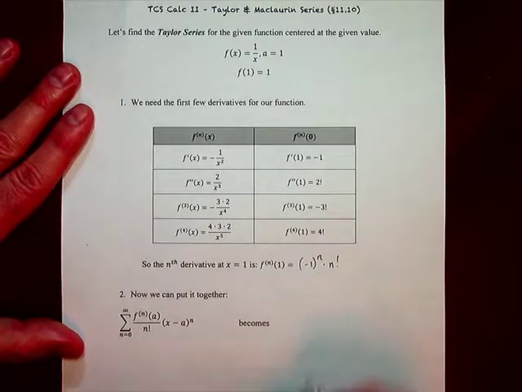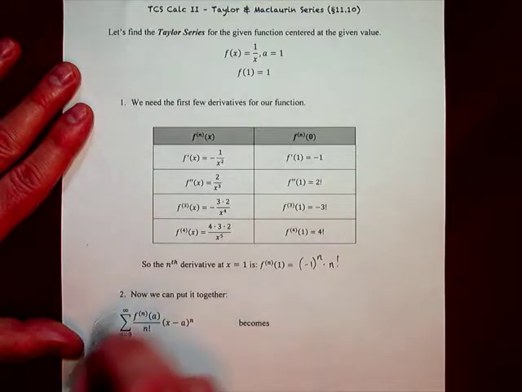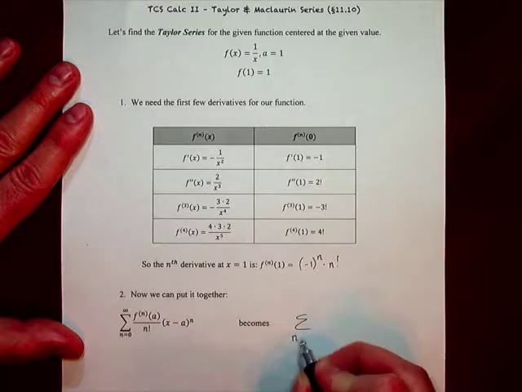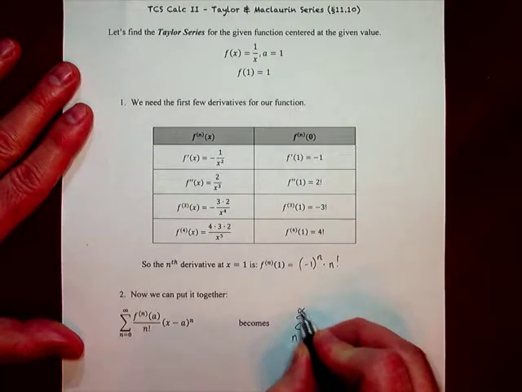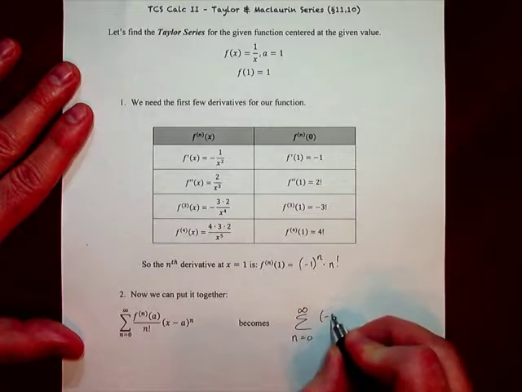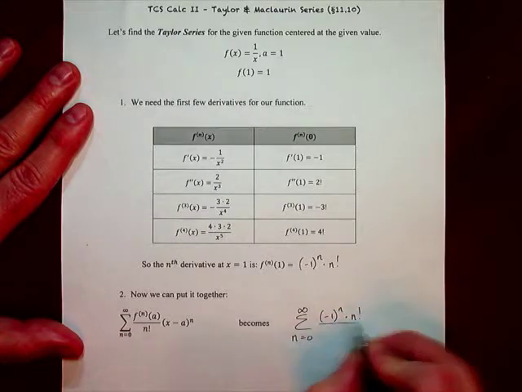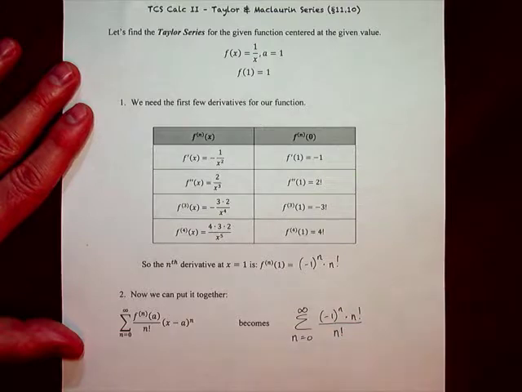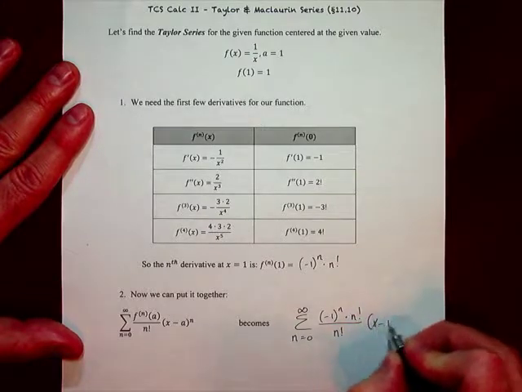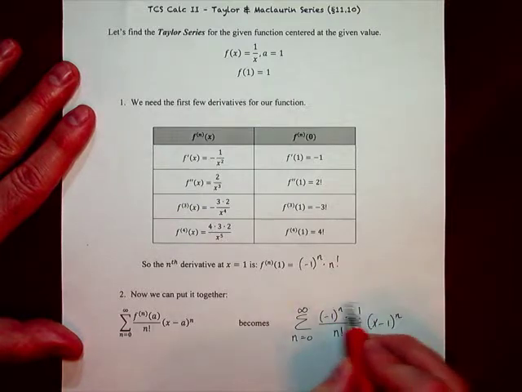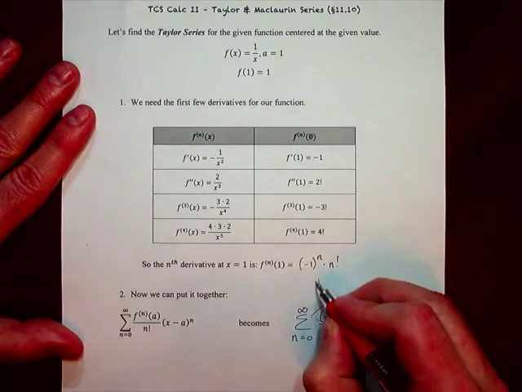All right, so that means that this general formula right here, for the particular function that we are given and the a value that we're given, becomes negative 1 to the n times n factorial, all of that over n factorial, times x minus 1 to the n. Now remember, this right here comes from the derivative.